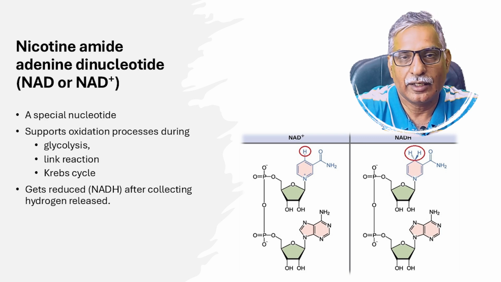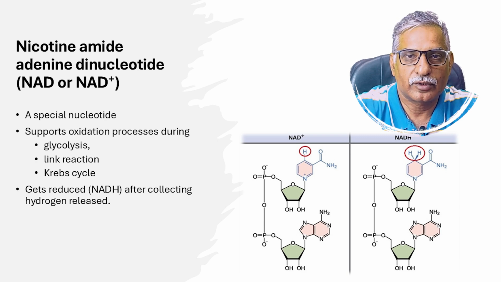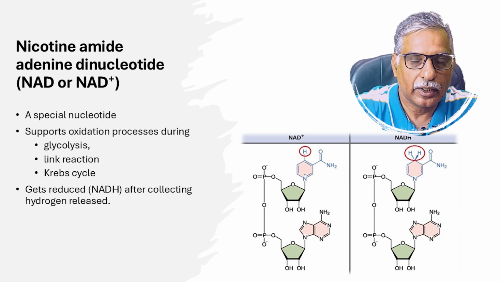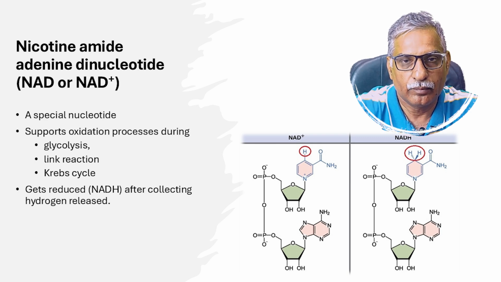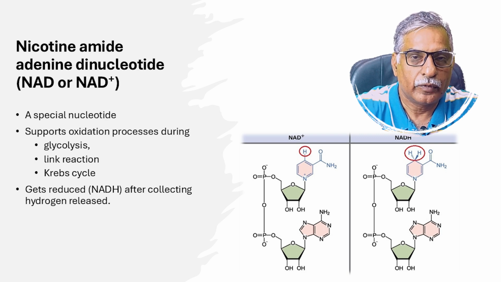So we can also call these hydrogen carriers electron and proton carriers, because they pick up hydrogen from the oxidation processes occurring during glycolysis, the link reaction, and the Krebs cycle, and they release that hydrogen on the cristae of mitochondria at the electron transport chain in the form of electrons and protons.